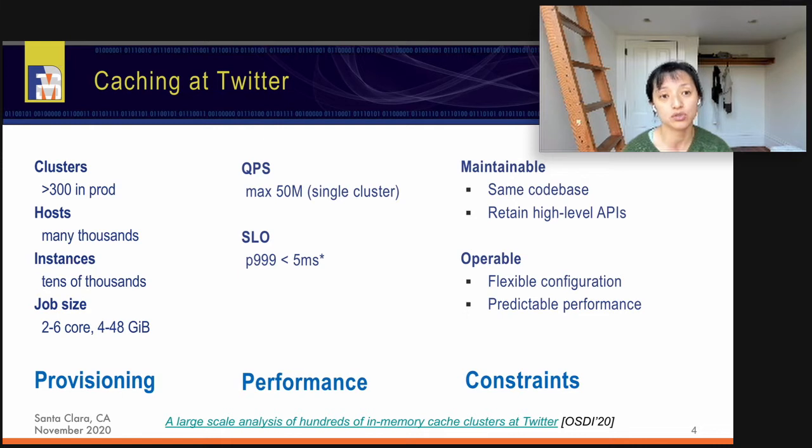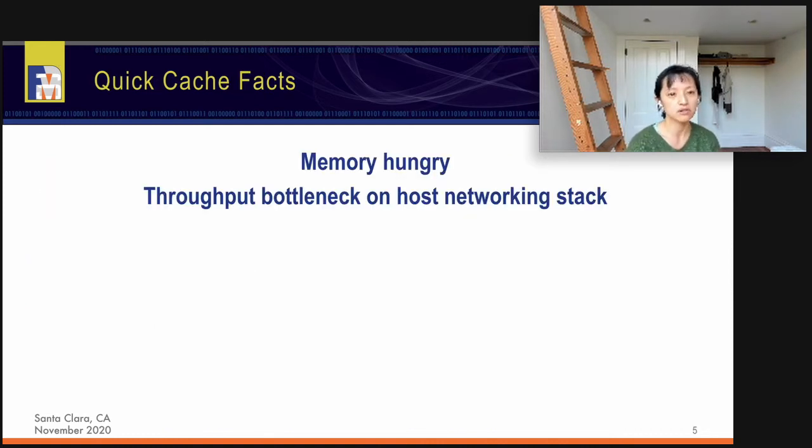If anybody is interested in the detailed explanation of how cache works and how caches behave at Twitter, we have a new paper published at OSDI 2020, and you can click on the link. So here are some quick cache facts for those who have not worked with cache extensively. For those who do, I'm sure these things are obvious.